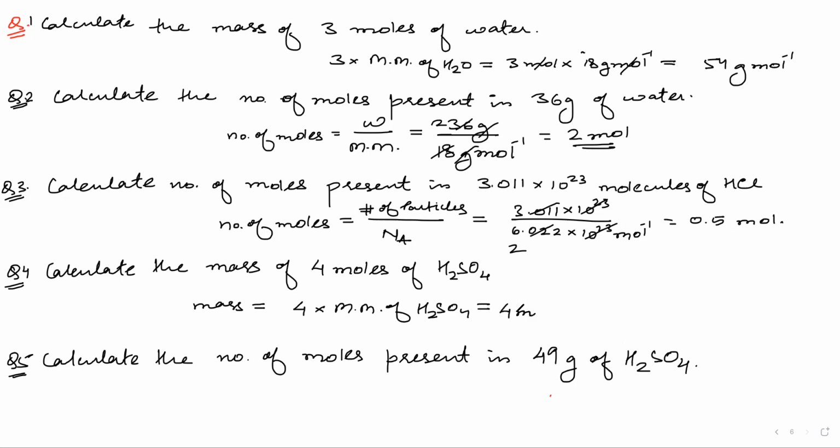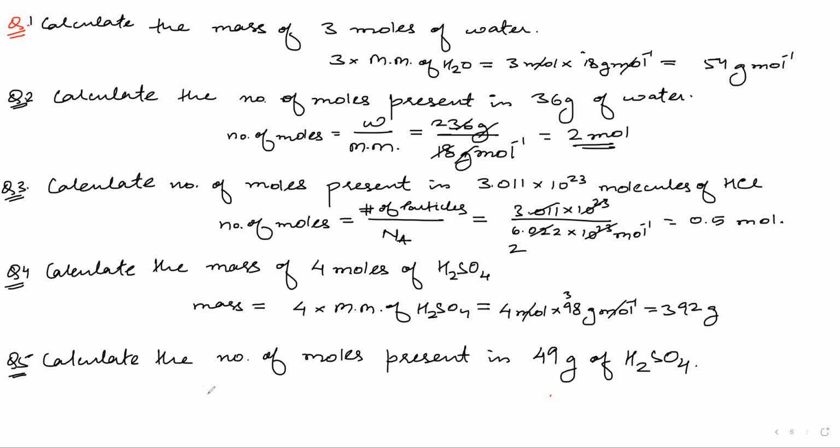This will be 4 mole into 98 grams per mole. So this mole inverse will cancel out each other and we will get 4 eights are 32 and 4 nines are 36, so 392 grams.